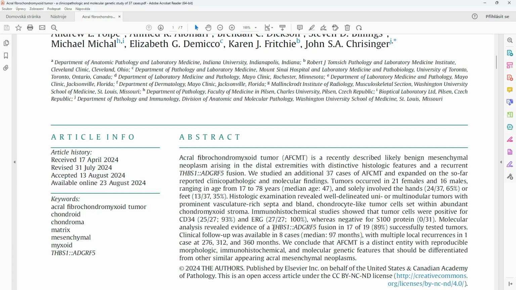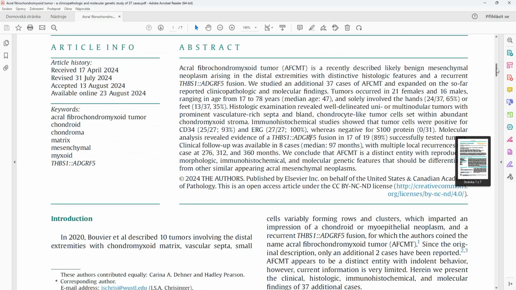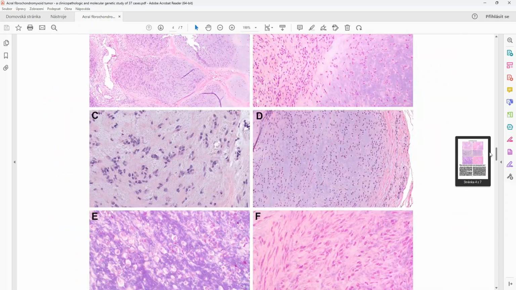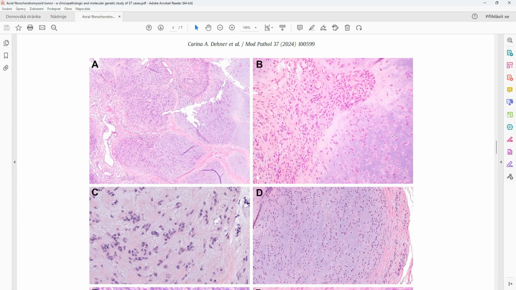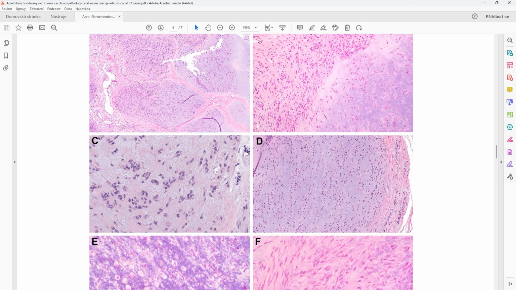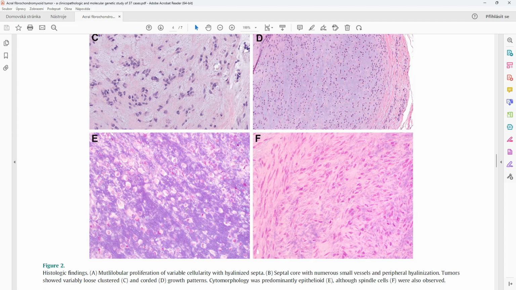Here is the fusion. It's definitely not necessary to confirm the fusion because the morphology is very characteristic. It's usually very similar from one case to another. You can see the chondroid matrix here, usually low cellularity, occasionally mature hyaline cartilage.